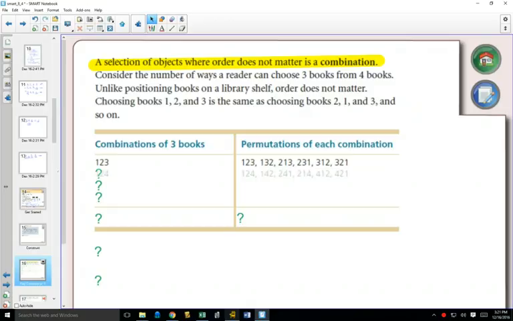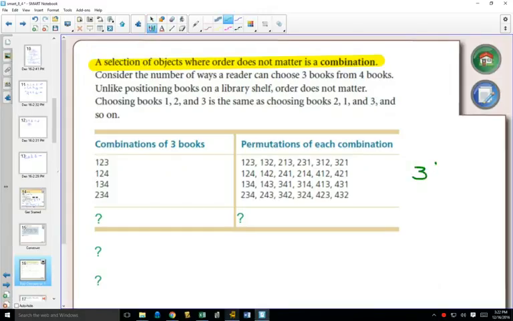And if you decided to choose 1, 2, and 4, there's 6 permutations that are the same that way. And if you had chosen 1, 3, and 4, there's 6 permutations of that one. Does it make sense that there's always 6 permutations if you chose 3 objects? Because 3 objects can be arranged in 3 factorial ways.